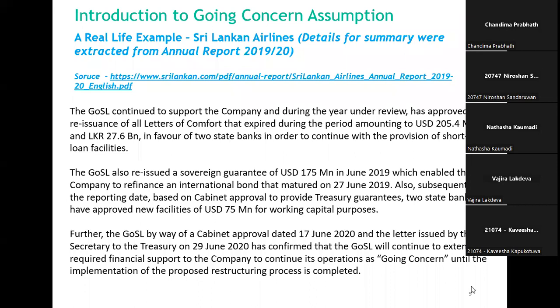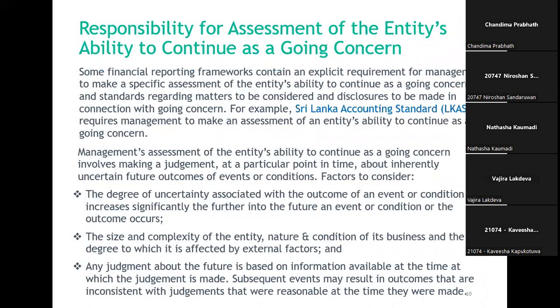Further, the GOSL, by way of cabinet approval dated 17 June 2020, in the letter issued by the Secretary of the Treasury on 29 June 2020, has confirmed that the GOSL will continue to extend required financial support to the company to continue its operation as a going concern until the implementation of the proposed restructuring plan.